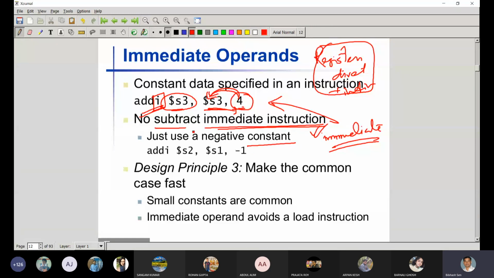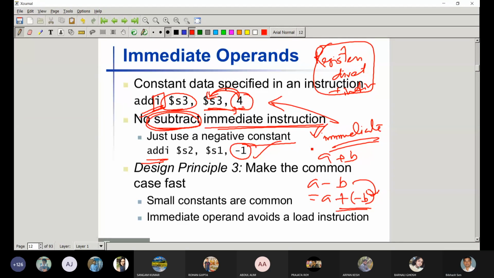So use add with a negative parameter. The design principle is very simple: if you use a plus b, you would like to get a minus b, you can write plus minus b, like this. This is the concept they are using here. Is it clear? The purpose is the same.